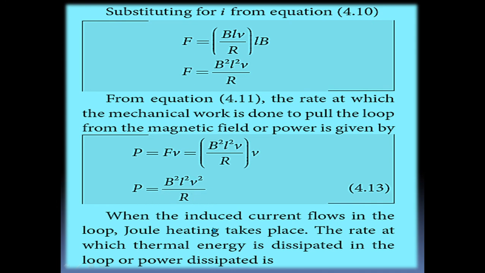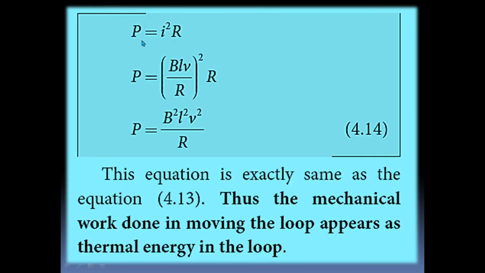When the induced current flows in the loop, Joule heating takes place. The rate at which the thermal energy is dissipated in the loop, or power dissipated, is given by another formula based on heat. Power is equal to I square R. What is the value of I?